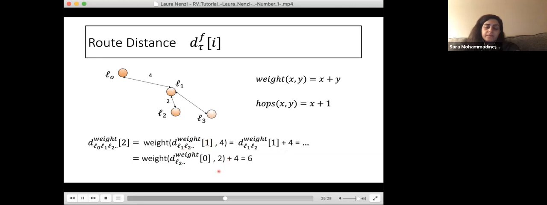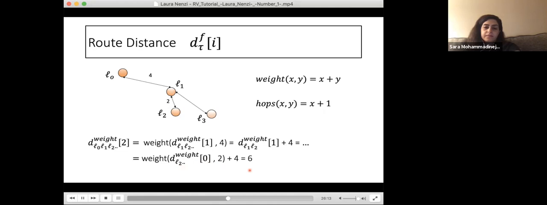You consider the value of the edge from L1 to L2, that is 2, and then you decrease the index again from 1 to 0, and you consider the route not from L1 but now from L2. And then again you sum them, and when we arrive at 0, the value of the distance is equal to 0. So you have 6. That is exactly the sum of the weights in the route.